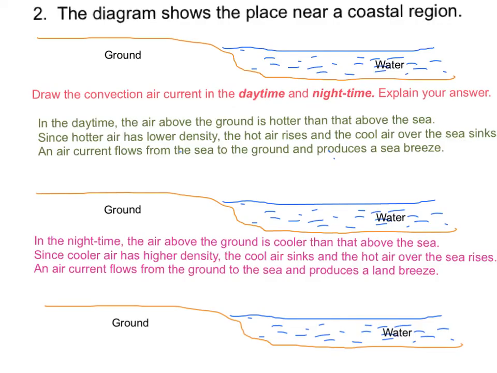Question number 2. The diagram shows the place near a coastal region, 沿岸地帶. You are asked to draw the convection air current in the daytime and in the nighttime respectively, and please explain your answer. In the daytime, the air above the ground is hotter than the air above the sea.